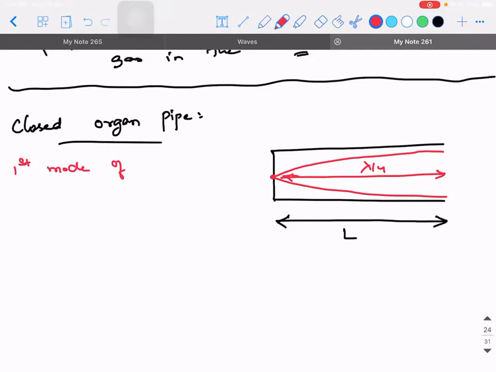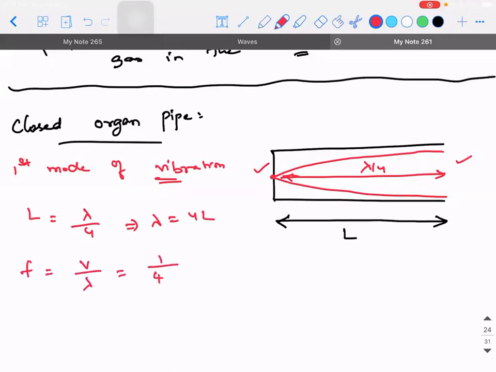Yes. So in the first mode of vibration, how many nodes will be there? There is one node and one antinode. So what will be the length? L will be equal to lambda by 4, which implies lambda is equal to 4L. Accepted? So frequency will be equal to V divided by lambda, which is 1 by 4L into root of gamma P divided by rho.